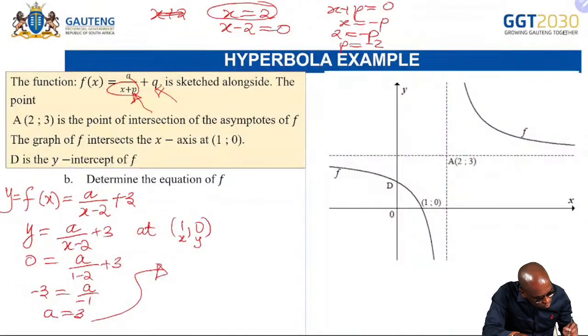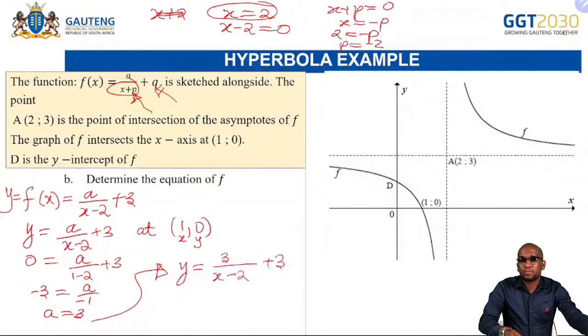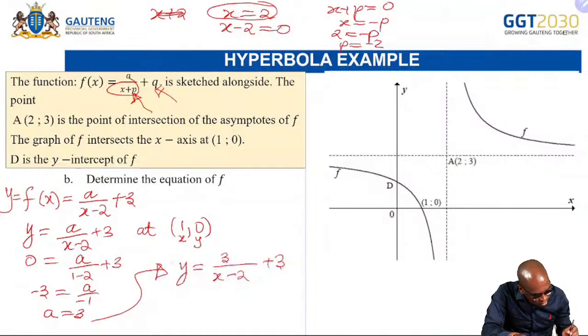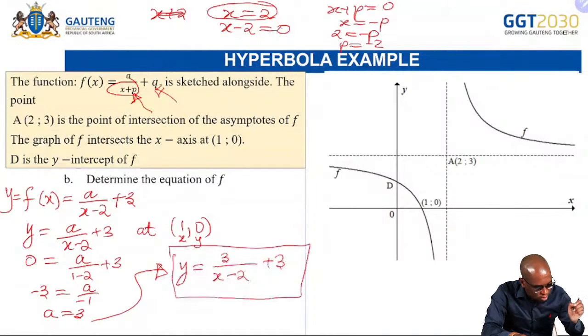Which means that, good people, our equation will be y is equal to 3 over x minus 2 plus 3. That's basically our equation there. So that's the equation that governs this particular function.